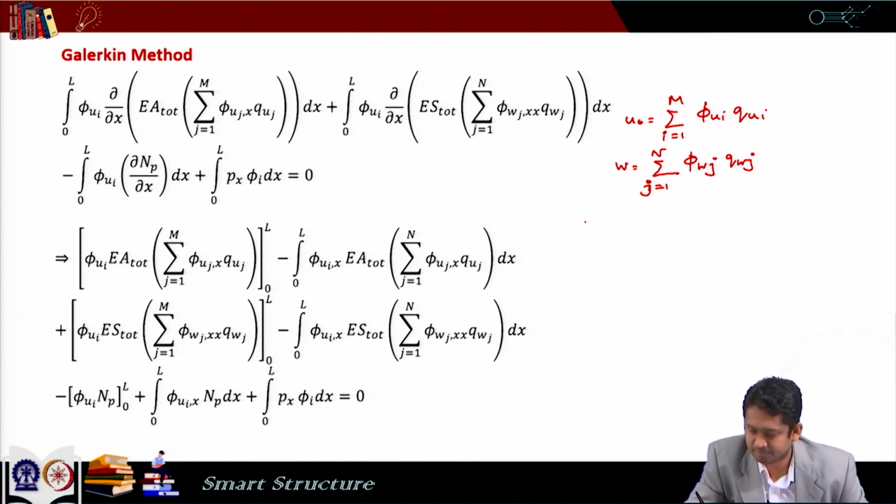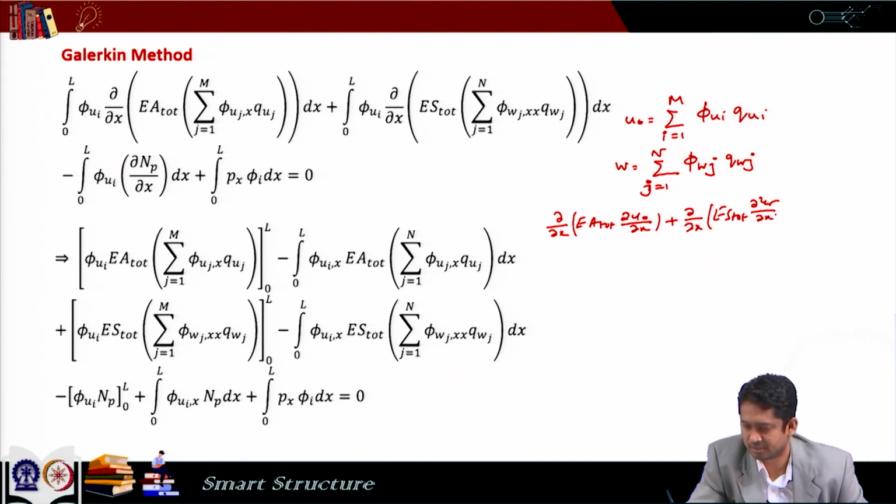The first equation is the derivative of E A total del u0 by del x, plus del w by del x times E s total differentiated twice, and then minus del n p by del x plus p x equal to 0.